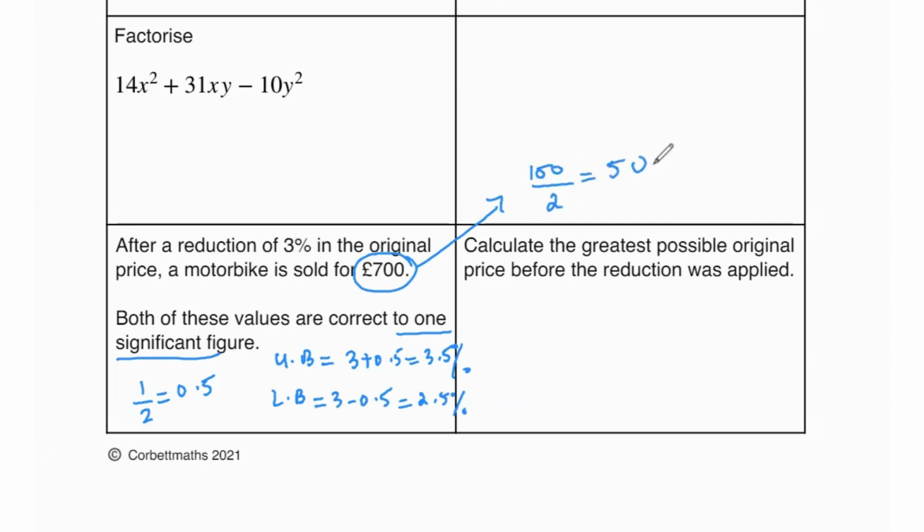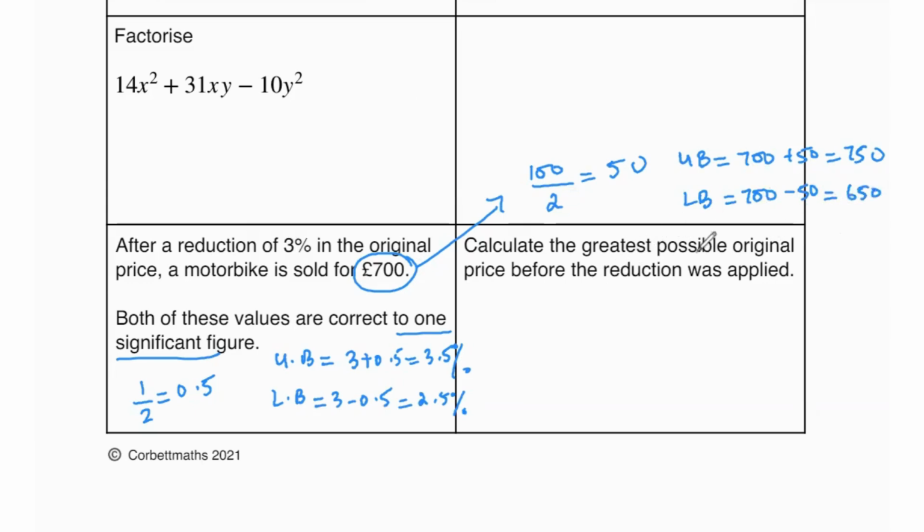Over here, we're doing 100 divided by 2 because the price is 700 pounds. So 100 pounds is correct to one significant figure as well. So 100 divided by 2 is 50. And then for the upper bound, we'll do 700 plus 50, which is 750 pounds. And for the lower bound, we will do 700 minus 50, which is 650 pounds.